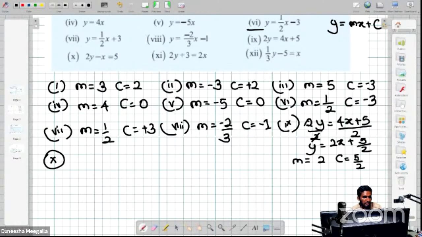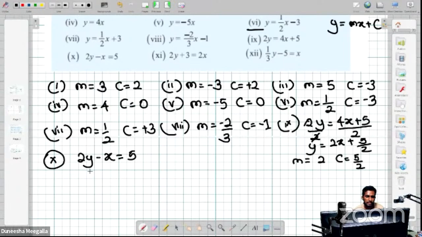If you got the answer for the 10th one, raise your hand. Who got it? The equation is 2y - x = 5.